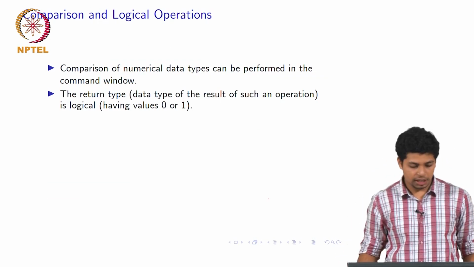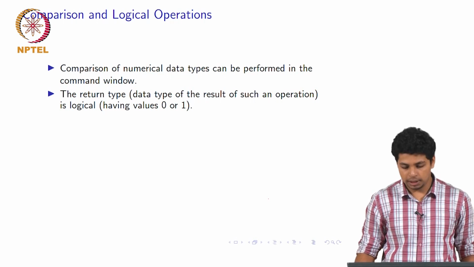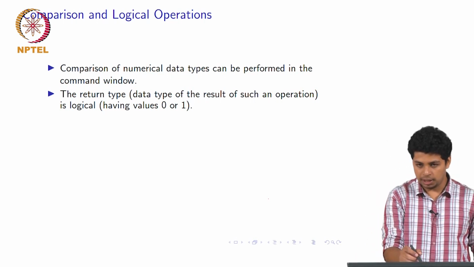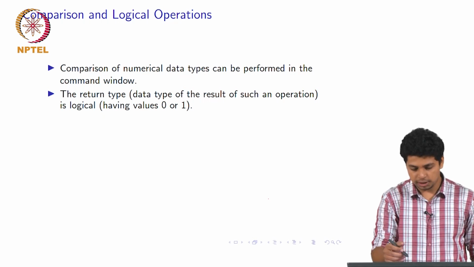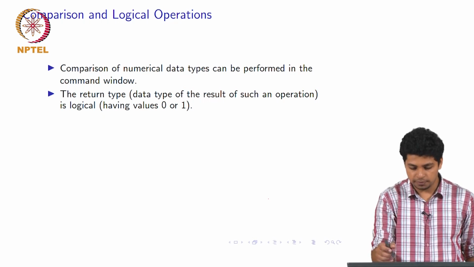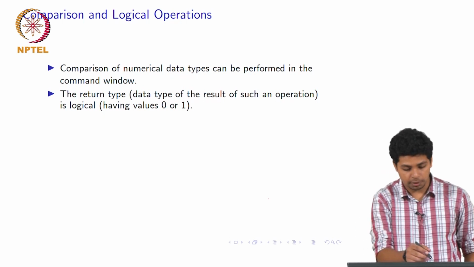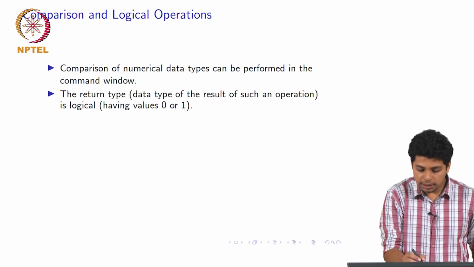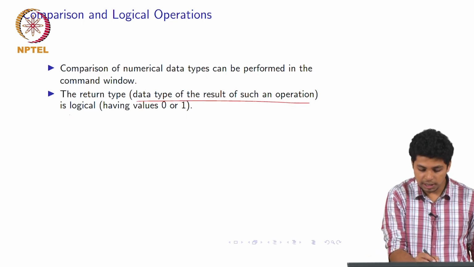Now we'll discuss a bit about comparison and logical operations. So we can compare any two variables, because as we discussed, the numerical data type is fixed and it is floating point operation. So we can perform the comparison operation. And then the return type, that is the data type of the result of such an operation, is logical.